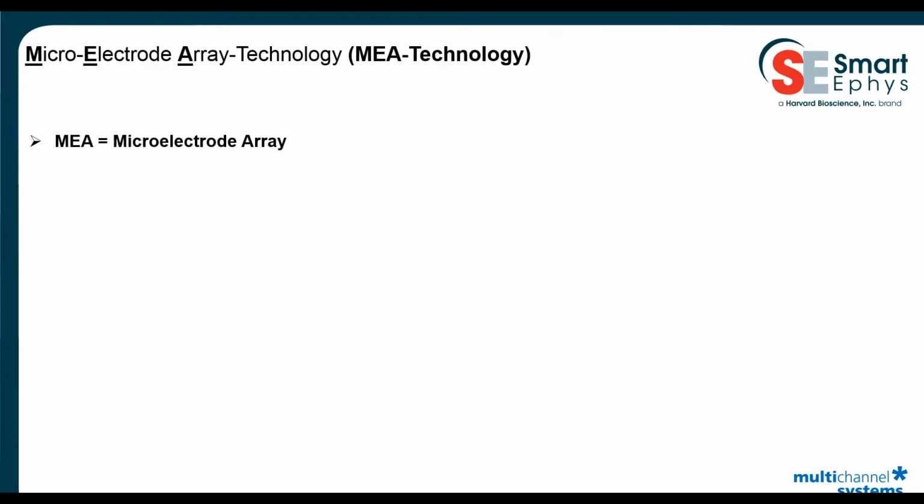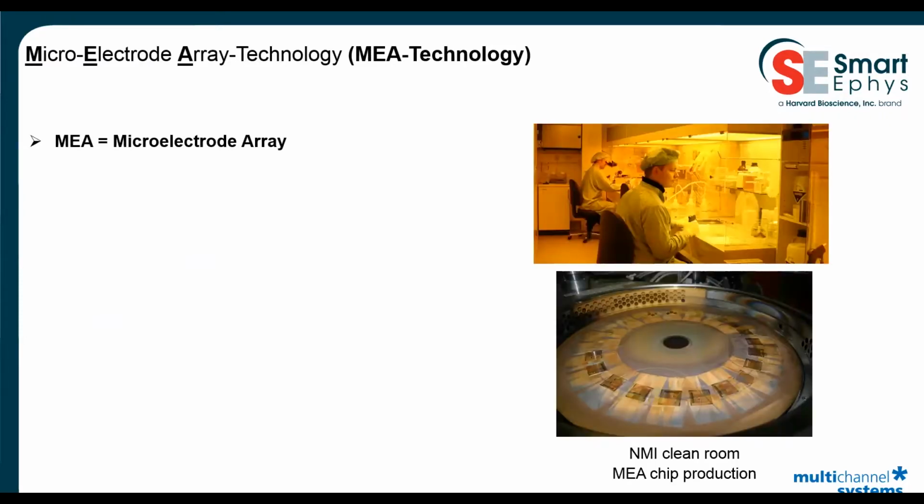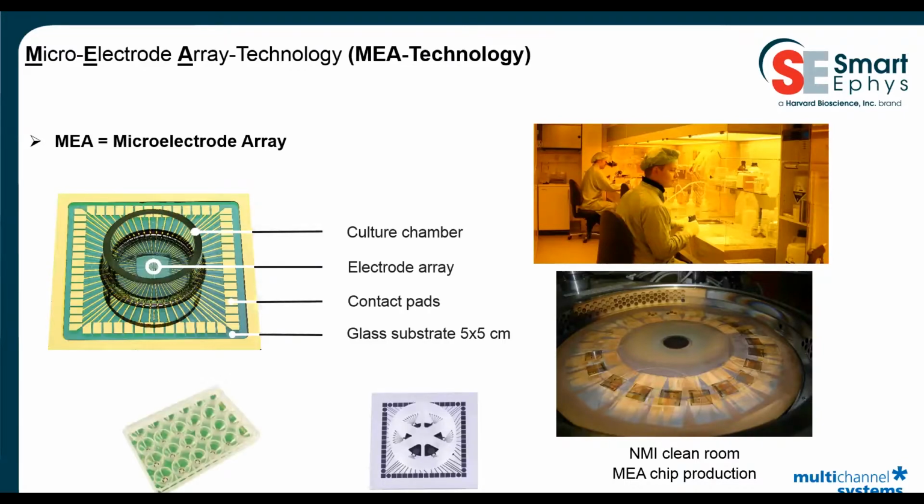A few words about the microelectrode array technology, in short, MEA. They are produced here in Germany in a clean room, and a standard MEA looks as follows. You have a glass substrate, contact pads, a culture chamber on top of the MEA, and an electrode array with the recording electrodes in the middle of the chip.